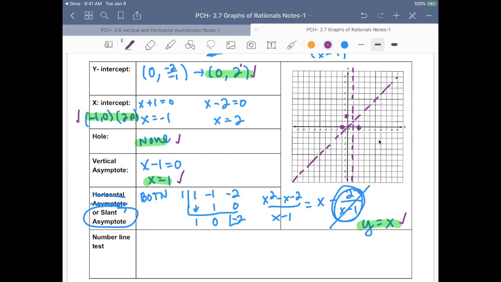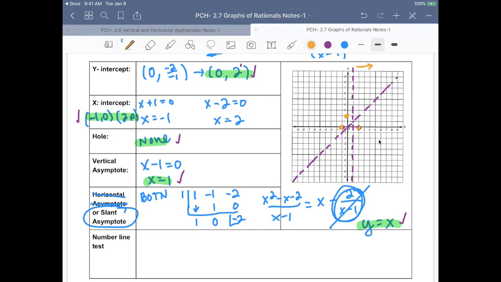So, same idea. We're going to be looking to the right and to the left of the vertical asymptote. So to the right of the vertical asymptote, does the graph exist above the slant asymptote or below the slant asymptote? You can see it's below, so it does the same thing as a horizontal asymptote.